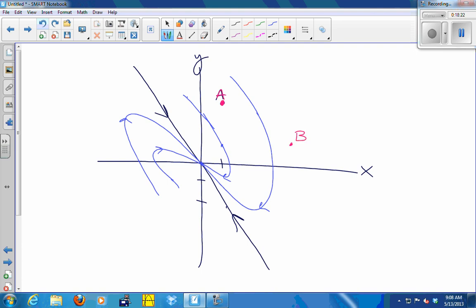And C is 2, -4. And D is -5, 0. Over here. Okay, so we plotted them on the phase portrait.